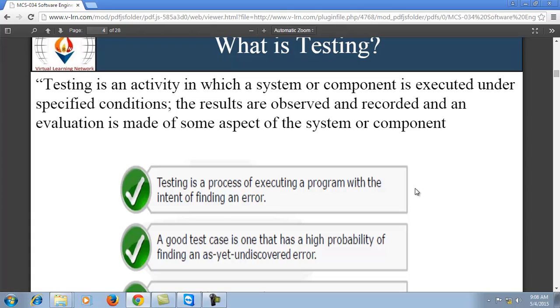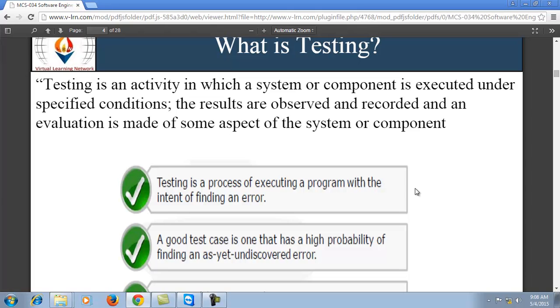Testing is an activity in which a system or component is executed under specified conditions. The results are observed and recorded, and apart from this an evaluation is also made of some aspect of the system or component. So testing is basically a process of executing with the intent of finding an error.